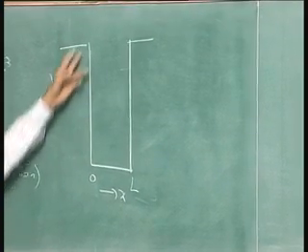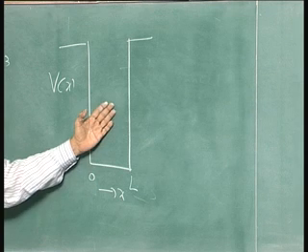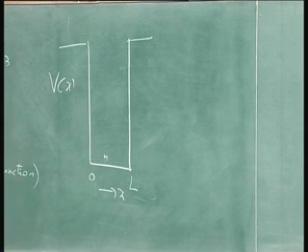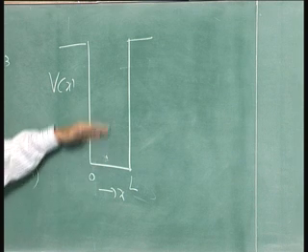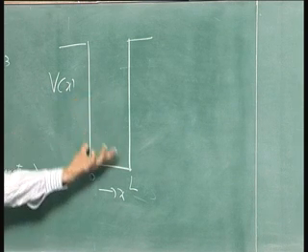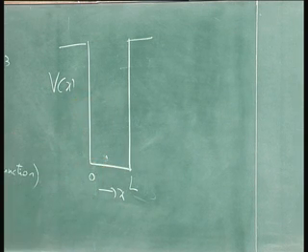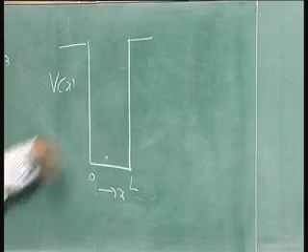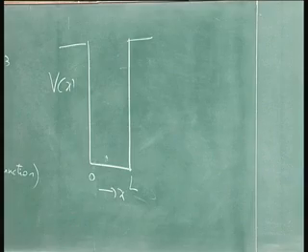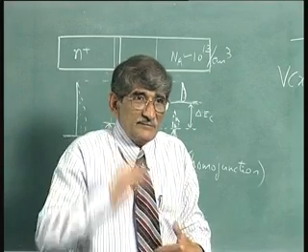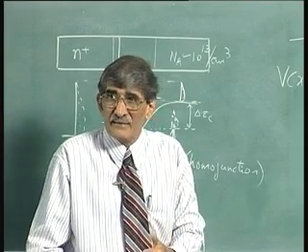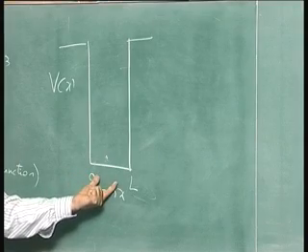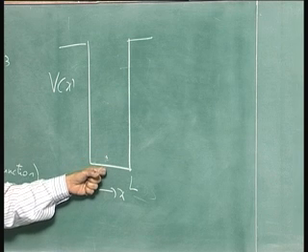Now, when you have a potential well like this, electrons which are present here cannot occupy any level, because the moment you make that potential well narrower, the energy levels are no longer continuous. When I take a conduction band of a material, the energy levels are continuous because of band splitting. But the moment you confine it like this, the energy levels are no longer continuous.